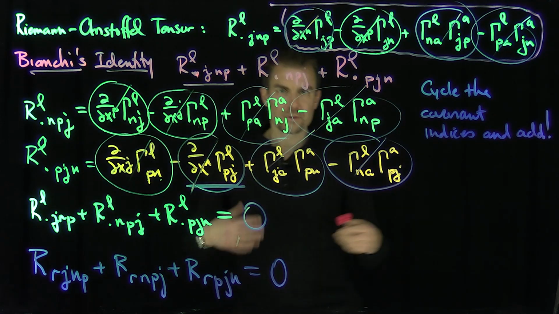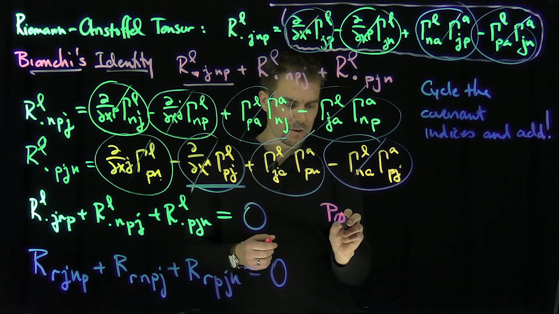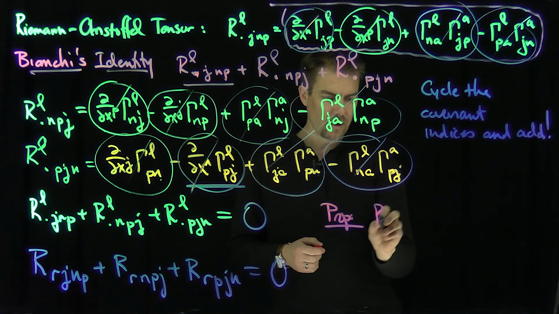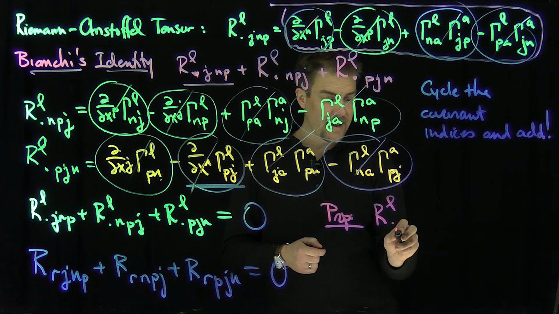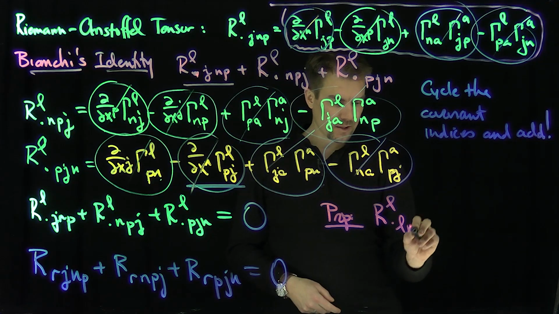Now there's one final sort of neat application of the Bianchi identity. And so here's one other proposition. It's rarely ever discussed, but it's a neat one to do. If I do gamma R, and then I trace on that first J index over there, and then I look at the NP, let's write what this formula is going to be.